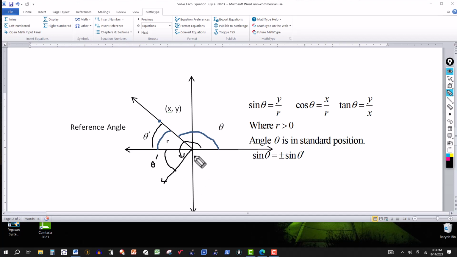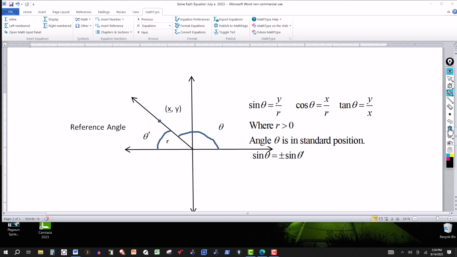If I draw the angle somewhere over here, theta say goes this way, then this angle here is the reference angle. So the reference angle is the smallest acute angle, it's got to be positive, that the angle makes with the x-axis. Reference angle here, positive. Reference angle here is positive. Reference angle here is positive.